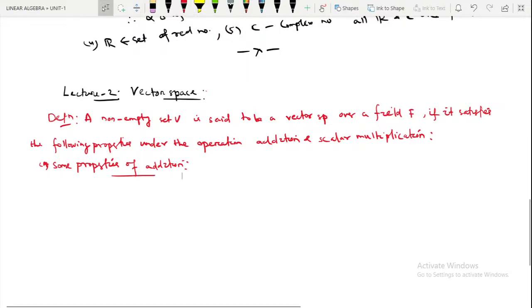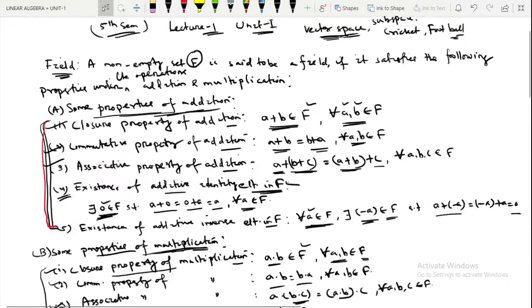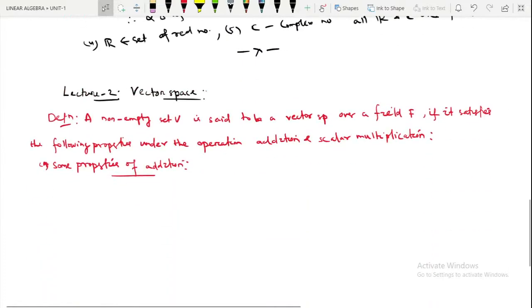Previously I already told you what is the definition of field and what are the properties of field, and I told you it has to satisfy all properties of addition, and similarly here also a non-empty set V is said to be a vector space over a field F if it satisfies all properties of addition, and also there are some properties of scalar multiplication.